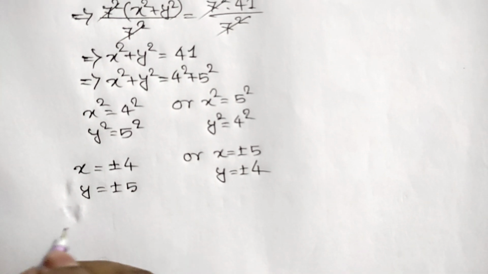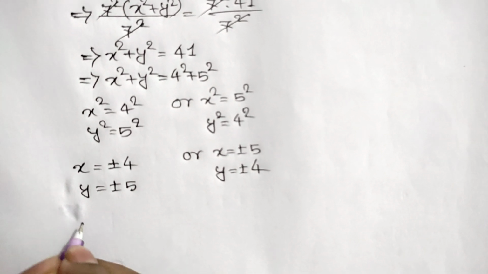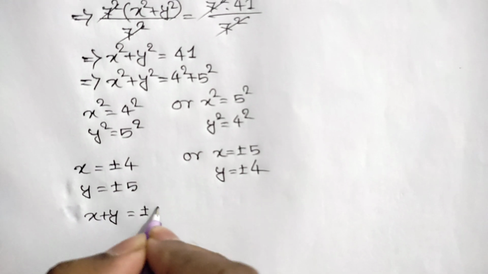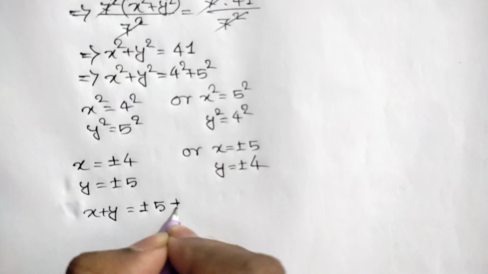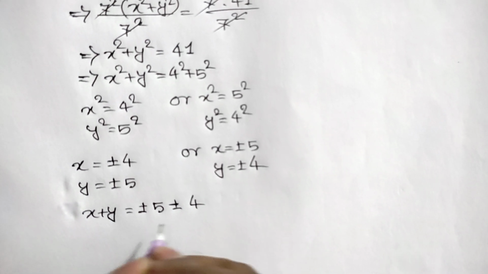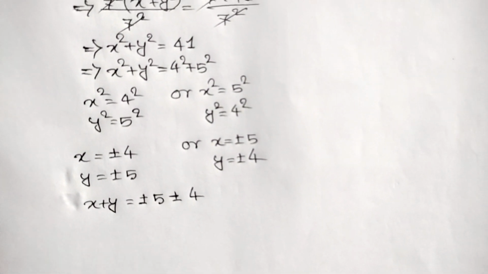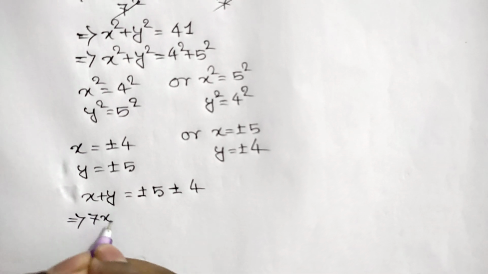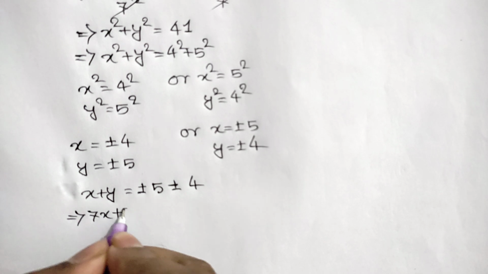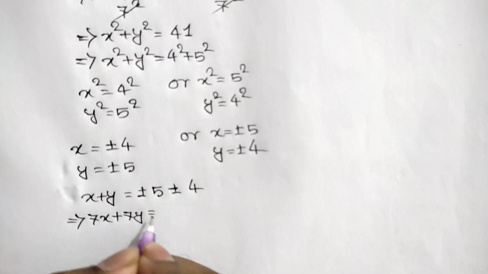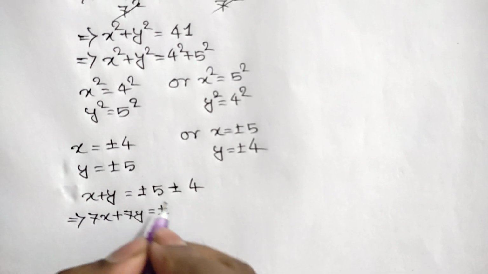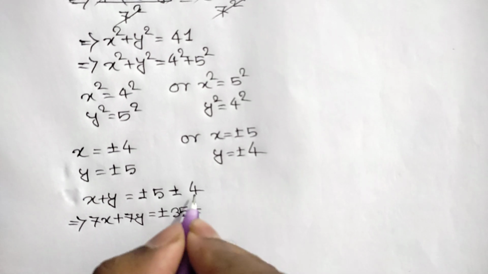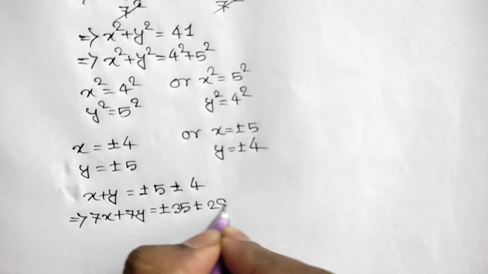Now in both cases we will have x plus y is equal to plus or minus 5 plus or minus 4. Now multiplying both sides by 7, we can write here 7x plus 7y is equal to plus or minus 7 times 5, which is 35, and plus or minus 7 times 4, which is 28.